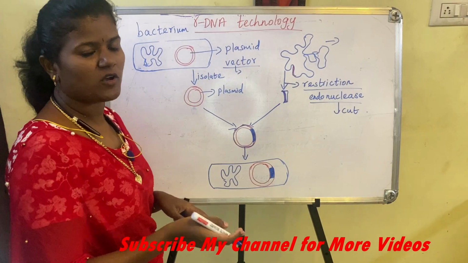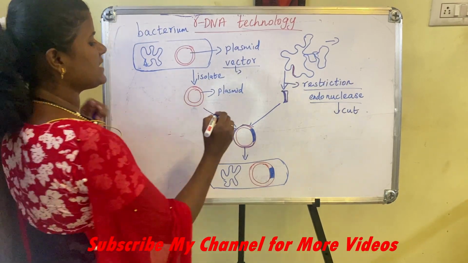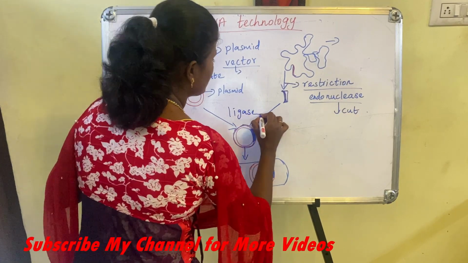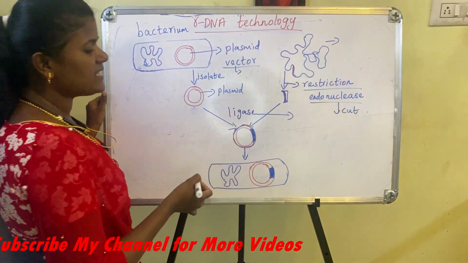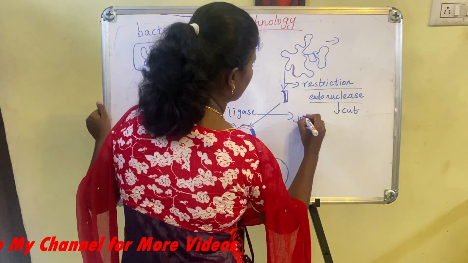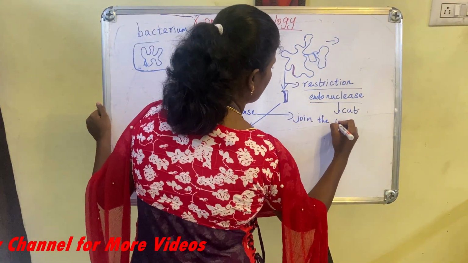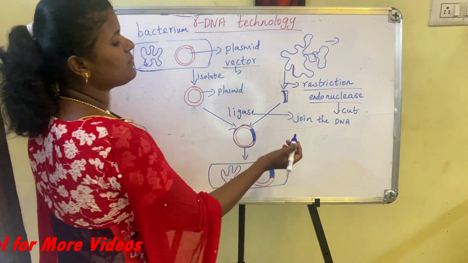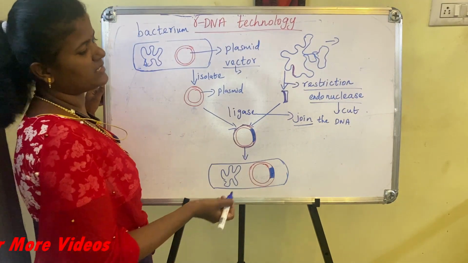This joining process needs the ligase enzyme. The ligase enzyme is used to join the DNA with the plasmid. Ligase enzyme is used for the joining process.